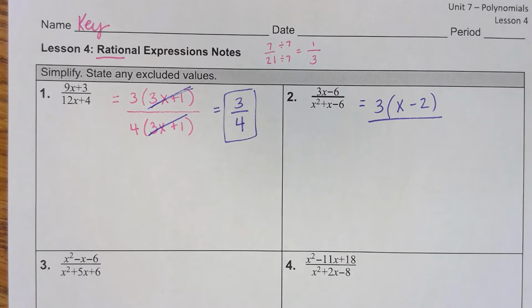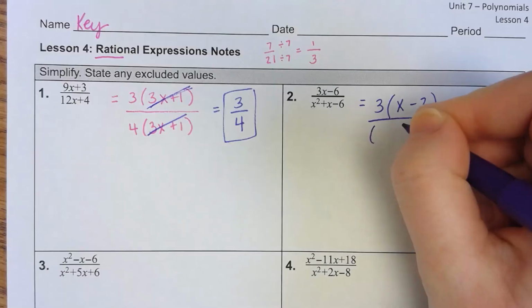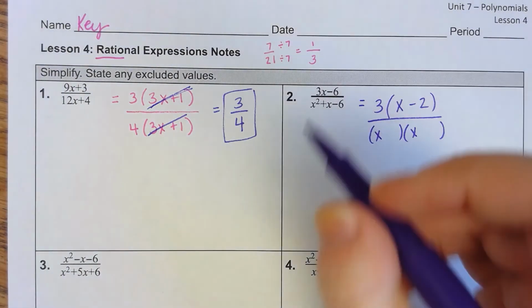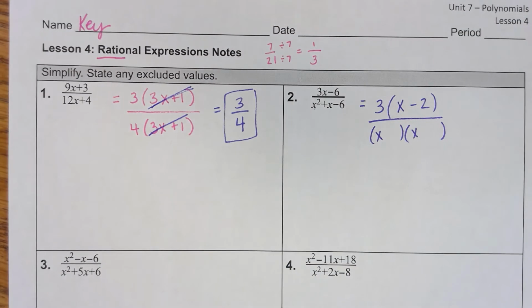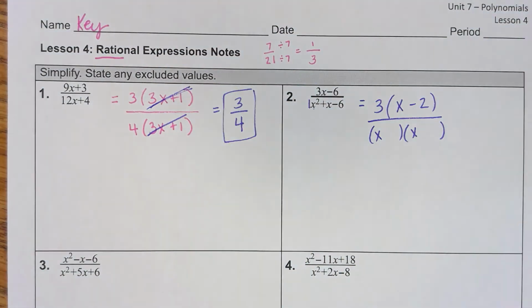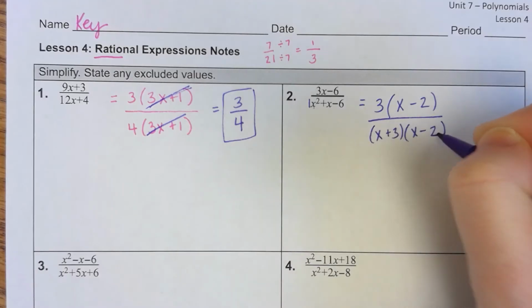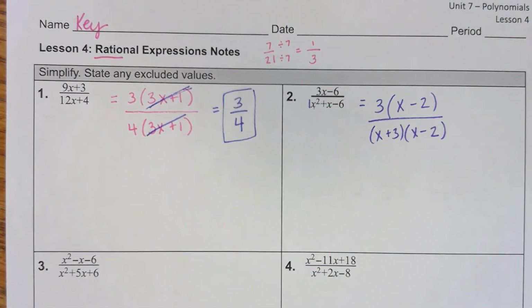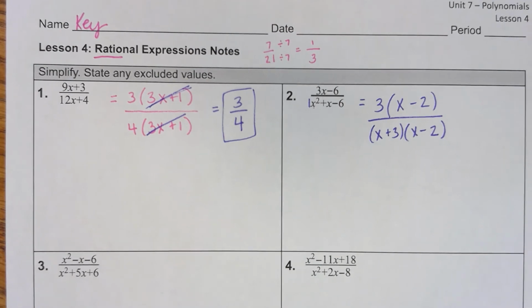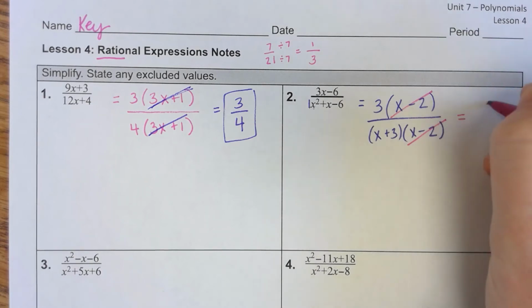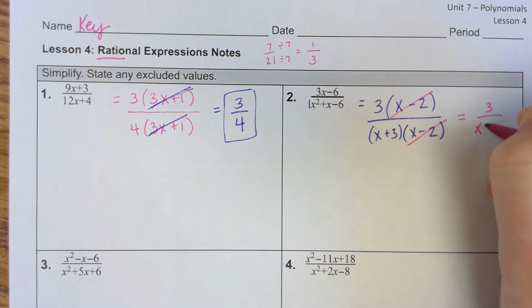I'm looking for factors that multiply to -6 and add to +1, and I know it's going to be in this form since I just have x squared there and the coefficient is 1. So I need x plus 3 and x minus 2. Now I can see that my GCF between the numerator and the denominator is x minus 2. So I'm left with 3 divided by x plus 3.